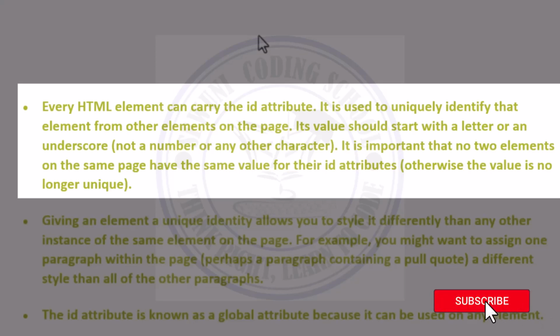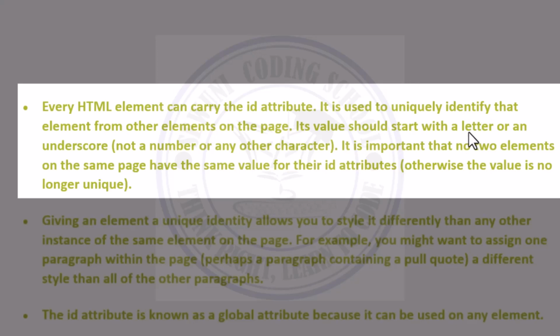Unlike headings where we have H1, H2, H3, paragraphs all have the P element. But you can use the ID attribute within the opening tag to differentiate between each of the paragraphs. Each value should start with a letter or an underscore.